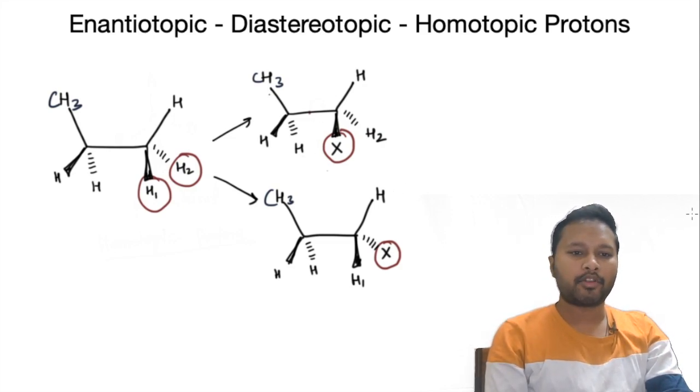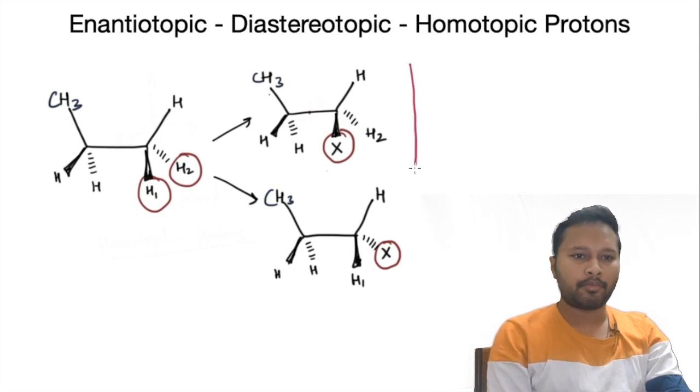Now if you look at this exactly, if you put a mirror plane over here, you are going to get the same molecule. See how it will look. If you put a mirror plane, you are going to get something like this, okay? The one which is above the plane will go below the plane, and the one which is below the plane will come above the plane.